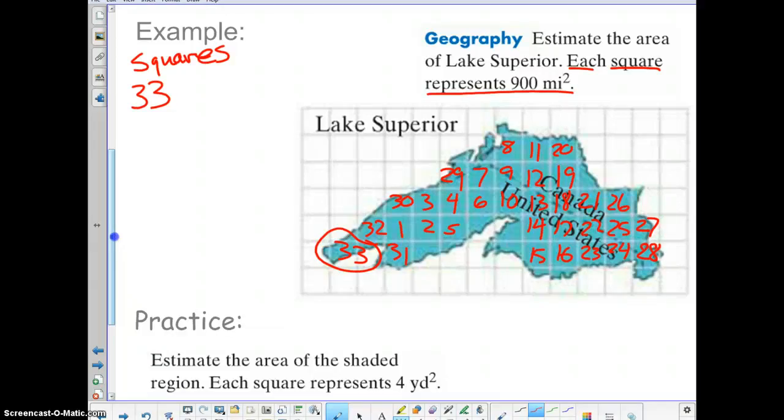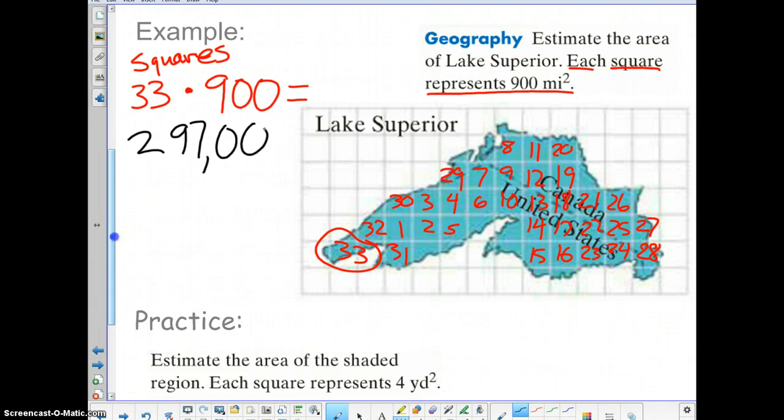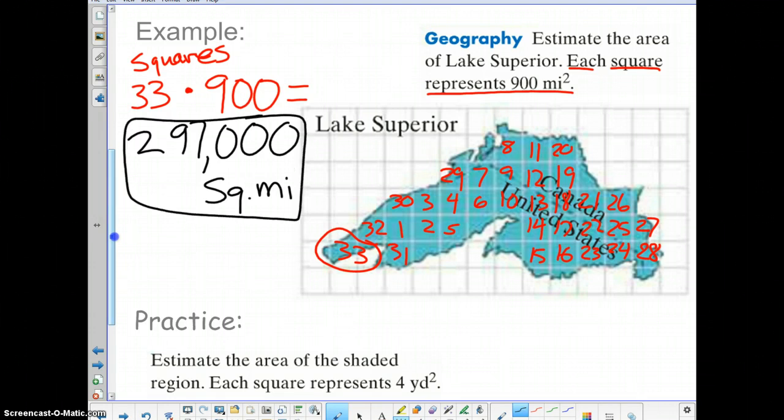So if there's 33 of them and each of those squares represents 900 square miles, we would have to do 33 times 900, and we would get right around 297,000 square miles. Okay, I put the SQ in for square because that's how many squares are actually in it.